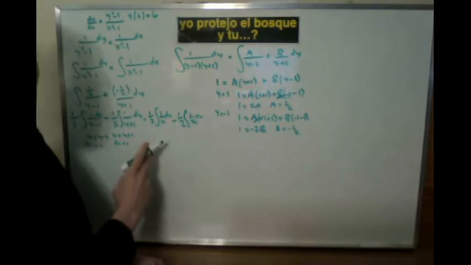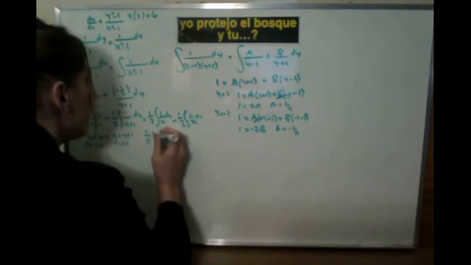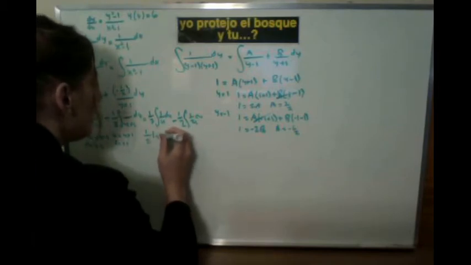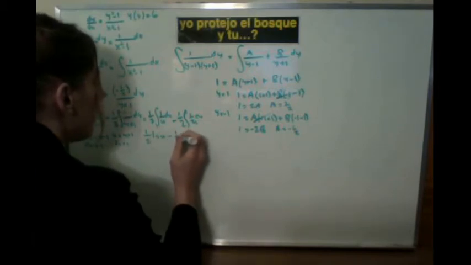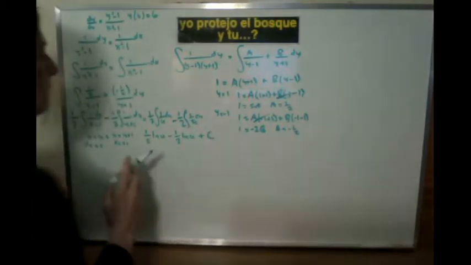We can now solve these integrals to give us 1/2 ln u minus 1/2 ln u plus c.